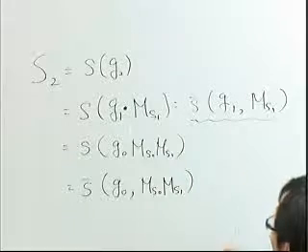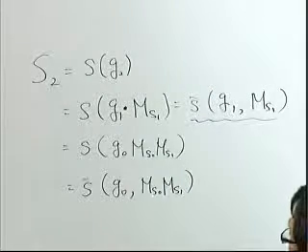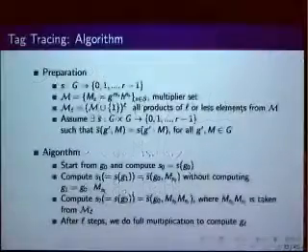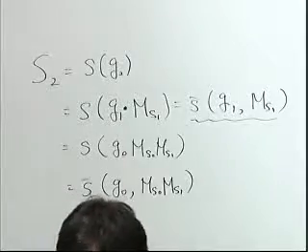So instead of computing this one, we compute this one, and then MS0 times MS1 is taken from the memory, since the L multiplication of the randomly chosen R elements are computed.